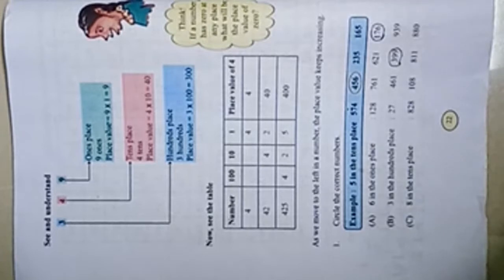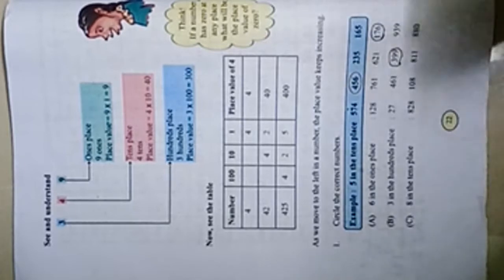We are having one bit on the topic. First, we'll do circle the correct number bit. Then after, place value identification bit is there. Then, if you did not understand in the last class, now you will understand. I hope so. Okay. Now, I'll start the topic.